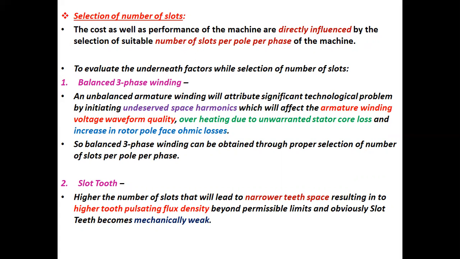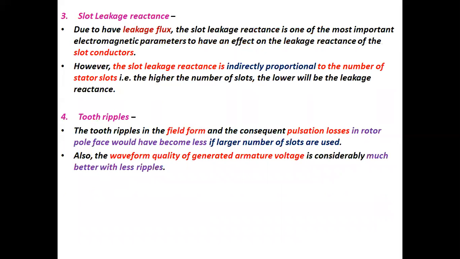2. Slot tooth. A higher number of slots will lead to narrower teeth space, resulting in higher tooth pulsating flux density beyond permissible limits, and obviously the slot teeth become mechanically weak. 3. Slot leakage reactance.